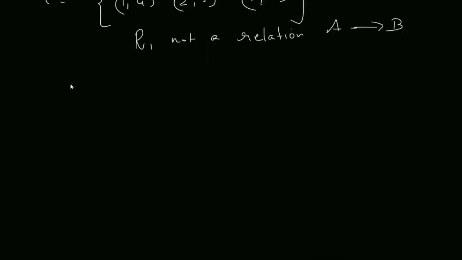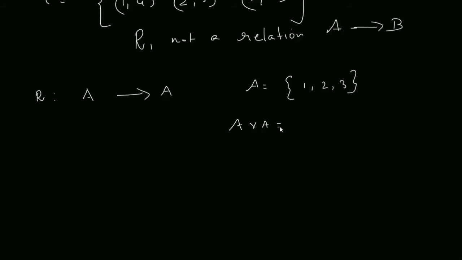So let us now define a relation from A to A. Suppose instead of A to B, I have replaced B by A. So A, I will take as 1, 2, 3. So what is A cross A?